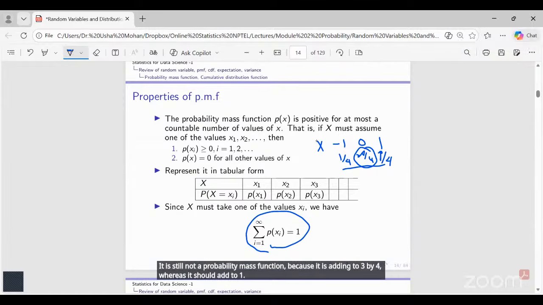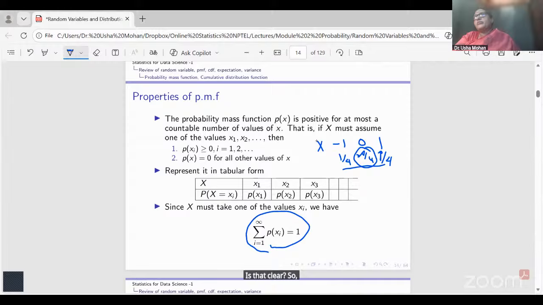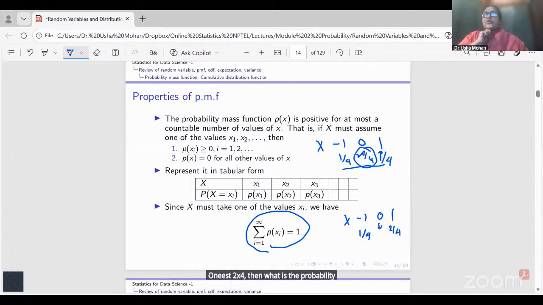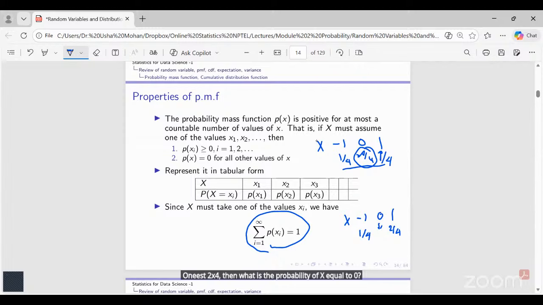Is it clear? So you have problems where you might have to verify whether a given function is a probability mass function. Or, for example, let's say x takes the value -1, 0, 1, with probability x equal to -1 being 1 by 4 and x equal to 1 being 2 by 4. Then what is the probability of x equal to 0? 1 by 4.